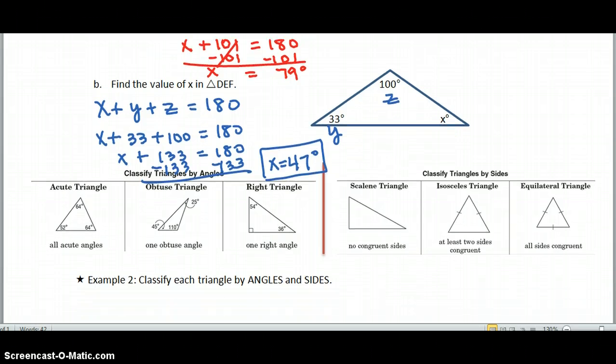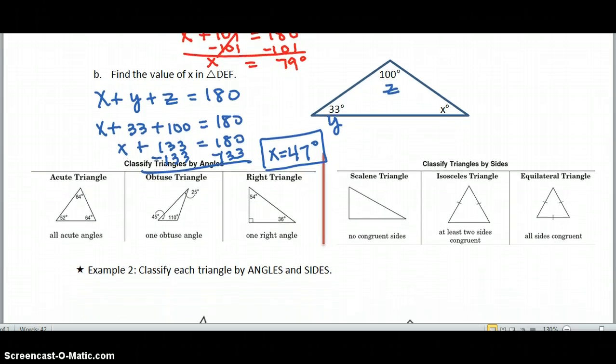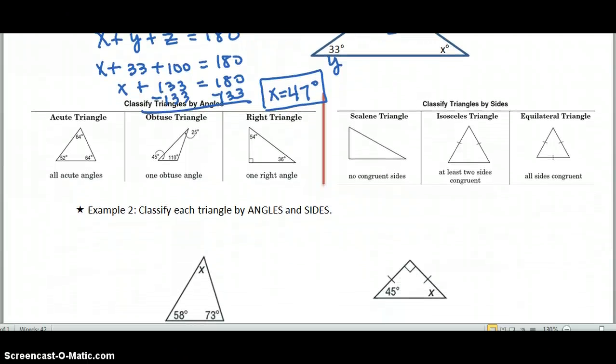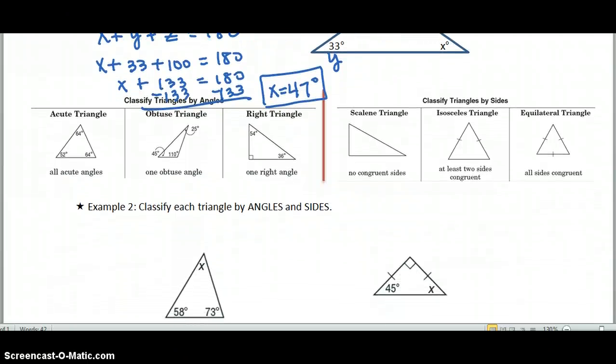Okay, so that is a formula that you need to remember: all the angles of a triangle add up to equal 180 degrees. Now, the next portion of our notes you need to become very familiar with. It's called classifying triangles. The first side is using their angles.